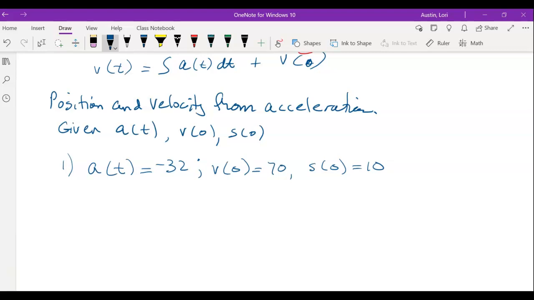First thing we want to figure out is v. So we need the integral of a of t. So I want the integral of negative 32.